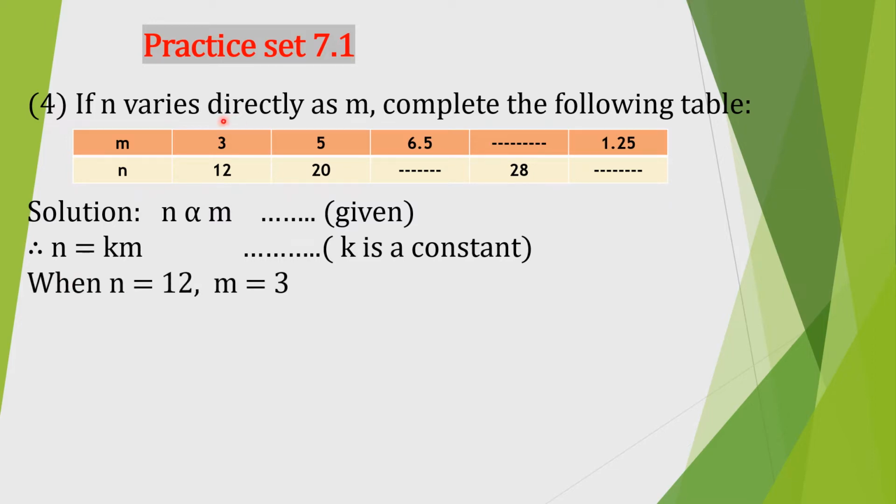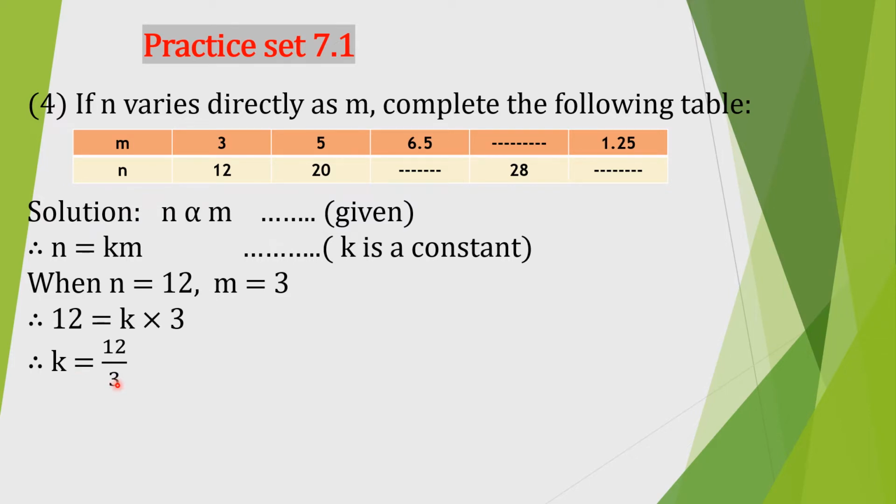We'll take any one of these two terms. So when n equal to 12, m equal to 3, this is given. We'll substitute this in our first part where we have written the equation. So it will become, therefore 12 equal to k into 3. From this we'll find out the value of k, that is therefore k equal to 12 upon 3.